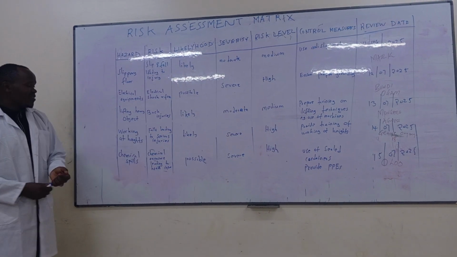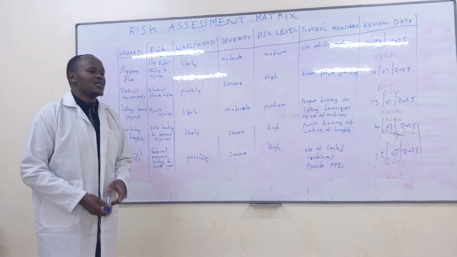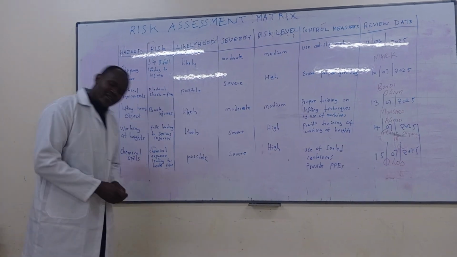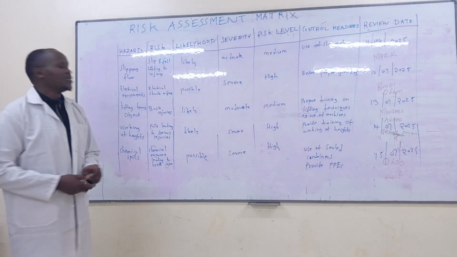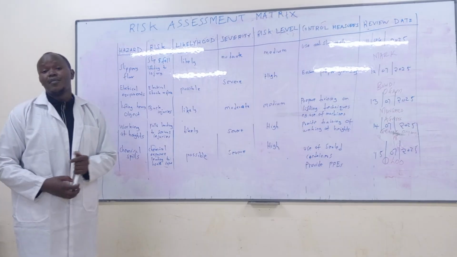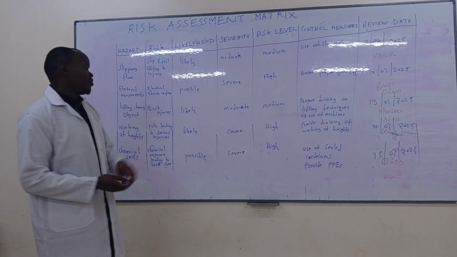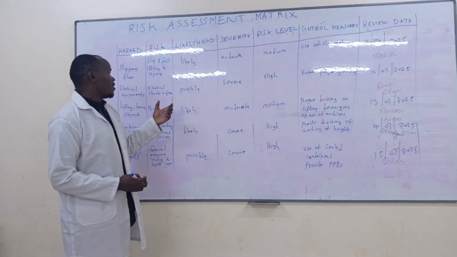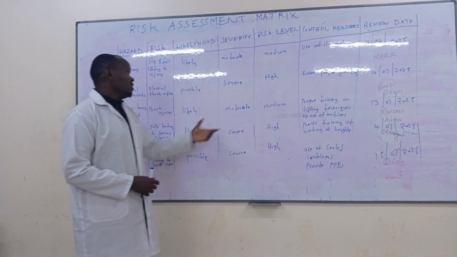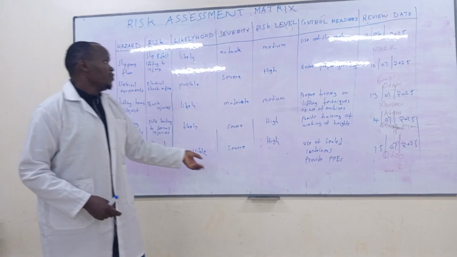The other thing is about lifting heavy objects in a workshop, for example lifting a machine, when you want to move a machine from one position to another. What are the risks when you are lifting that heavy machine? The risk posed to you is that you can experience some back injuries. The likelihood of a machine causing that back injury, the severity, could be moderate, high or low.